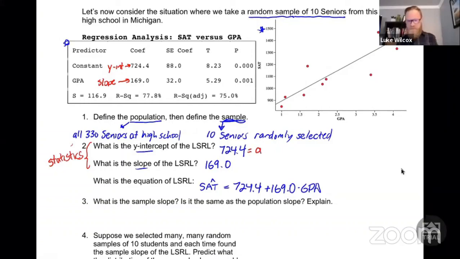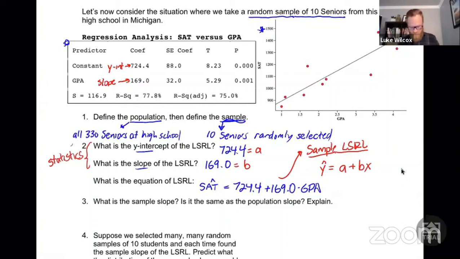The y-intercept, we're going to call a, lowercase a, and the slope, we're going to call b. That should look very familiar to you, okay? And let's just point out here that this line that we just created the equation of, that is not the population LSRL, that is the sample LSRL. And we use different notation for the sample LSRL. And this is the part that I hope looks familiar to you. y hat equals a plus bx, which is something that you likely studied earlier in the course.